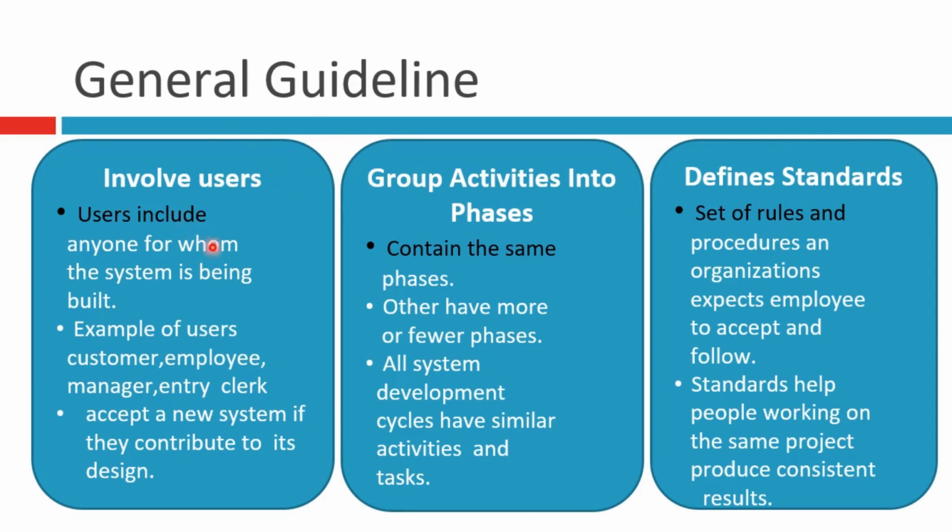Who is the user? The user is the person, individual, or organization for whom the system is being built. For example, if you are developing an educational software for kindergarten students, then your user might be the teacher, the kindergarten kids, the manager, and even the KPM. Who is KPM? Kementerian Pelajaran Malaysia. Right? So they are your user.